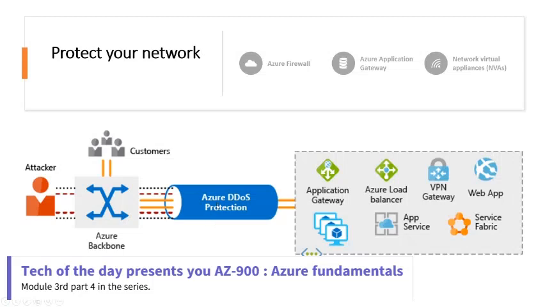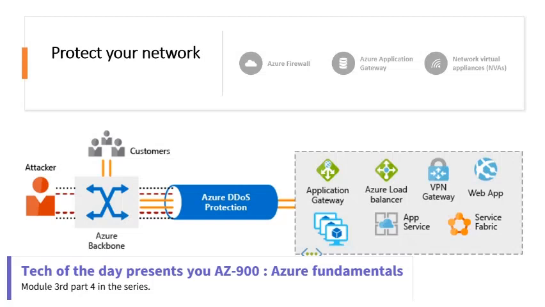So Azure DDoS protection is simply when you combine Azure DDoS protection with application design best practices, you help provide defense against attacks. DDoS attack protection leverages the scale and elasticity of Microsoft's global network to bring DDoS mitigation capacity to every Azure region.